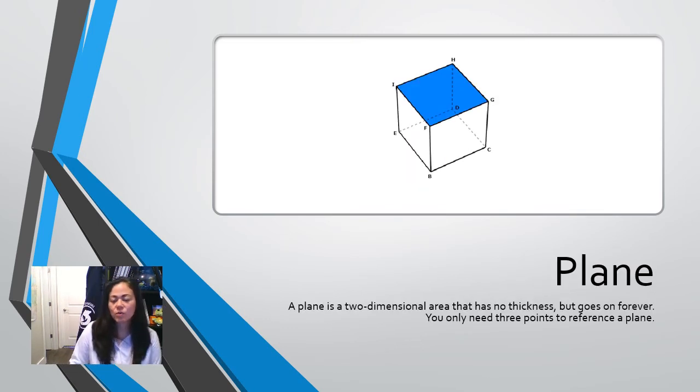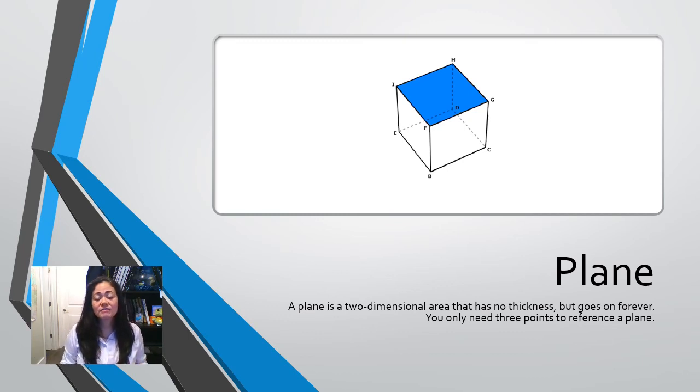So I've said that word plane before, and a plane is a two-dimensional area. In geometry anyways, we call it a two-dimensional area that has no thickness but goes on forever. Now, even though the top side of this cube or square prism has a defined area, it doesn't go on forever and ever. That defined area is on a plane. It's part of a plane that does go on forever and ever.